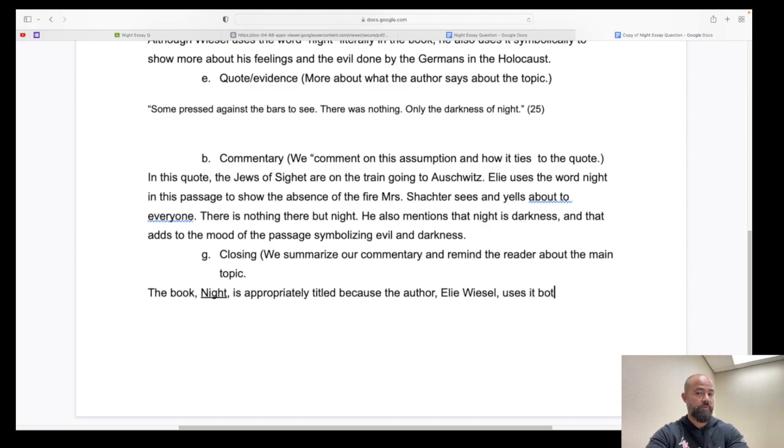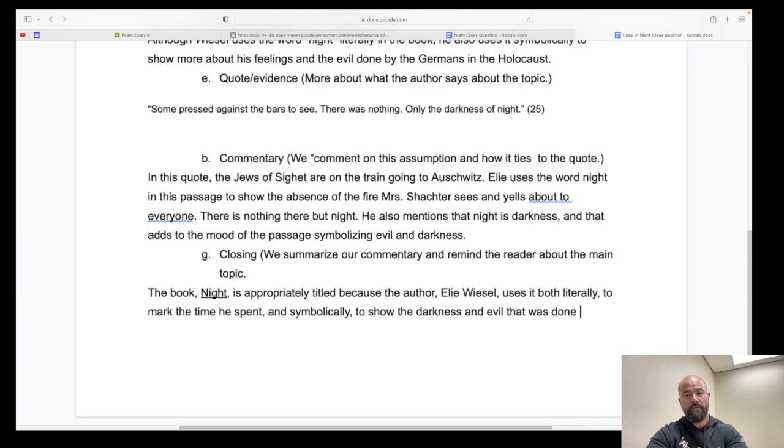uses it both literally to mark the time he spent, and symbolically to show the darkness and evil that was done to his people.